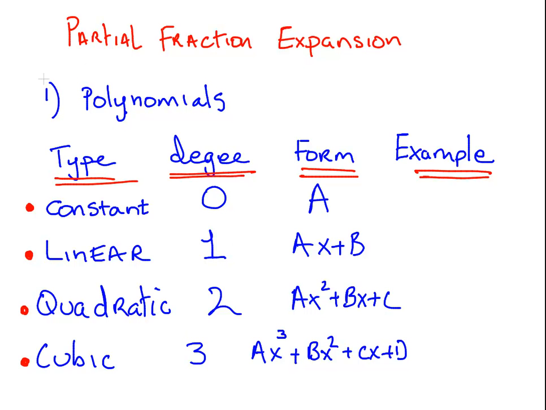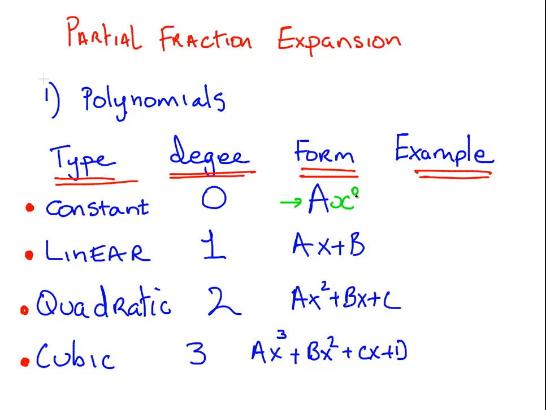So let's just look here at a couple of examples. This is the form of it, and I'll just give you a quick example here. We actually could write that as a times x to the power of 0, hence this 0. x to the power of 0 is 1, so a times 1 is just a.